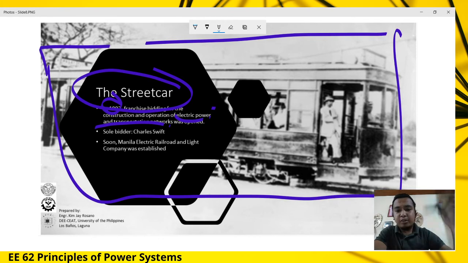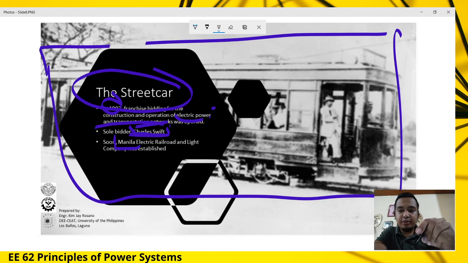Okay. And then the sole bidder is Charles Swift. Nag-isa lang siya. And soon, Manila Electric Railroad and Light Company or Meralco was established. Okay, so this is basically Meralco. Dito nagsimula si Meralco.